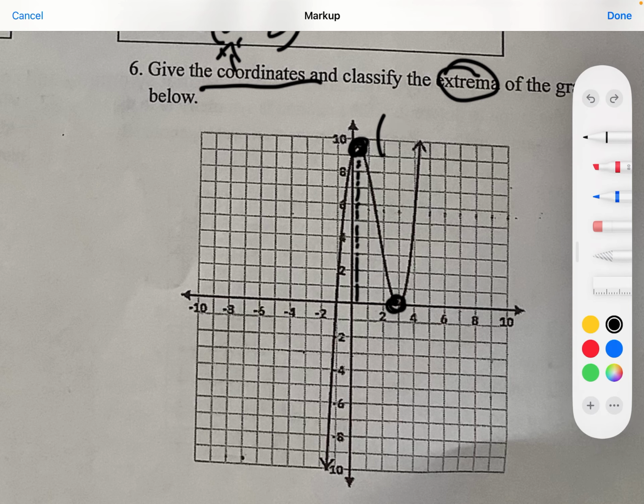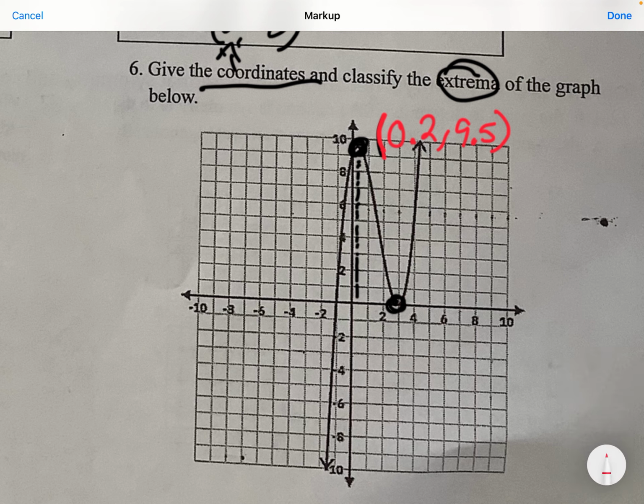But for estimating, anything between, say, 0 and 0.5, I would accept, because it does look a little bit closer to 0 than it looks to 1. So this would be 0.2, comma, and then the y value looks to be about 9.5. And this is a relative maximum.